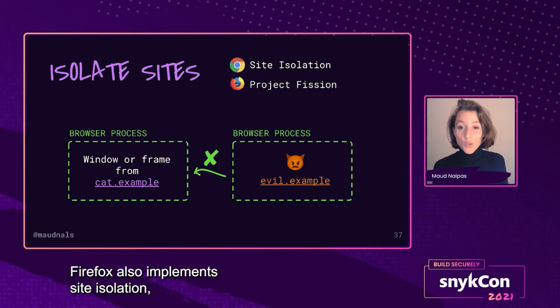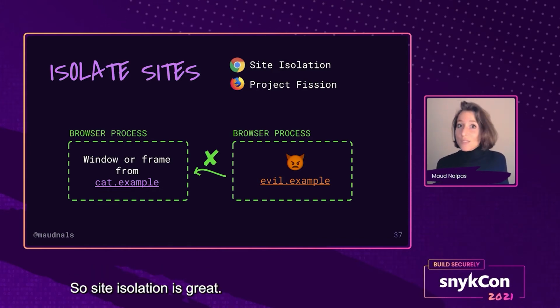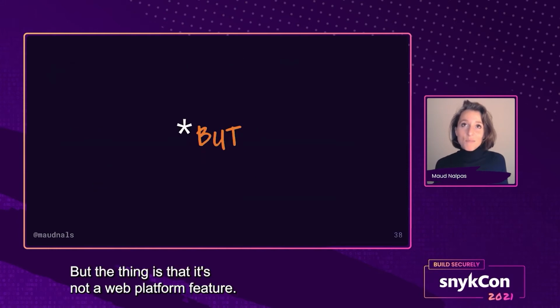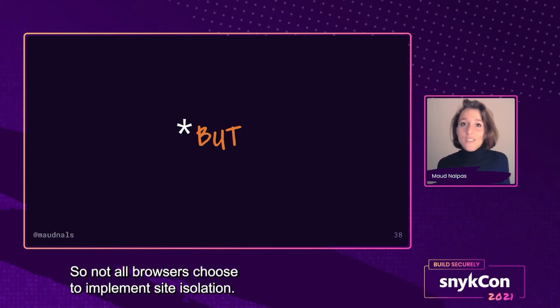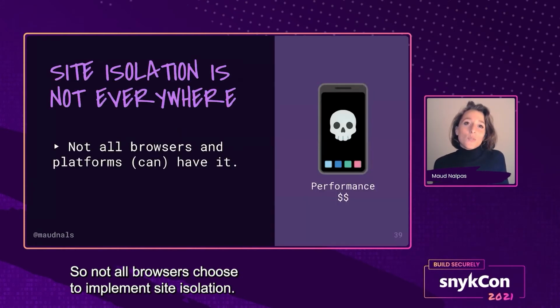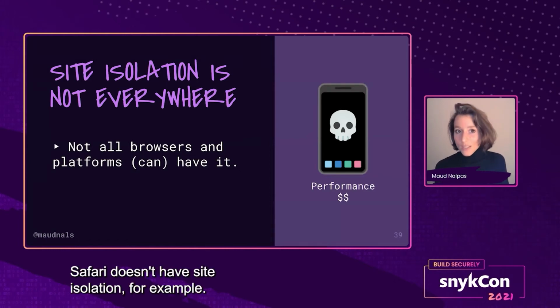Firefox also implements site isolation, and it's called Project Fission in Firefox. So site isolation is great, but it's not a web platform feature. It's a browser architecture choice. So not all browsers choose to implement site isolation. Safari doesn't have site isolation, for example.